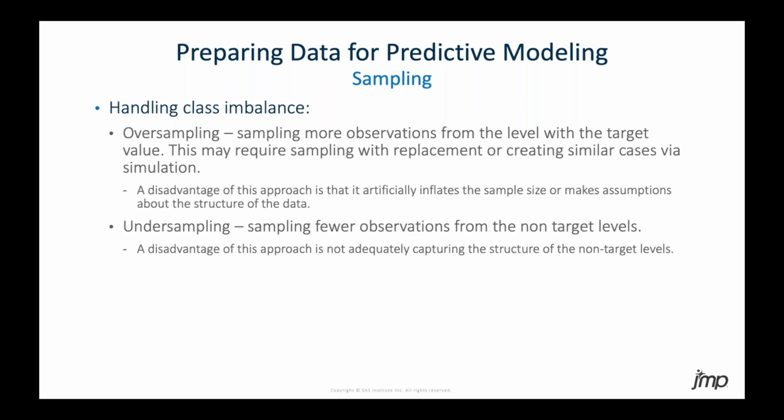Now, the disadvantage here should be relatively obvious: I have to make sure that the 5,000 that I sample really capture the structure of the non-donators. So undersampling is much simpler to implement, but makes more assumptions about the level that I'm undersampling from.